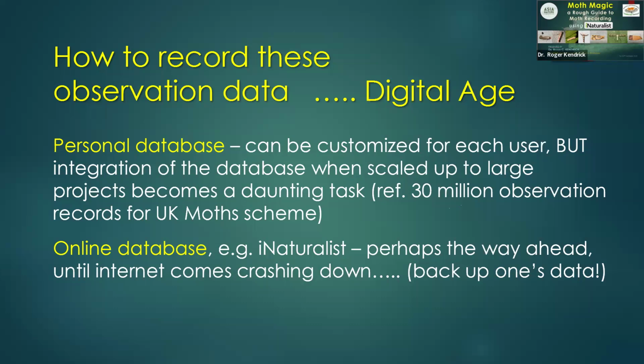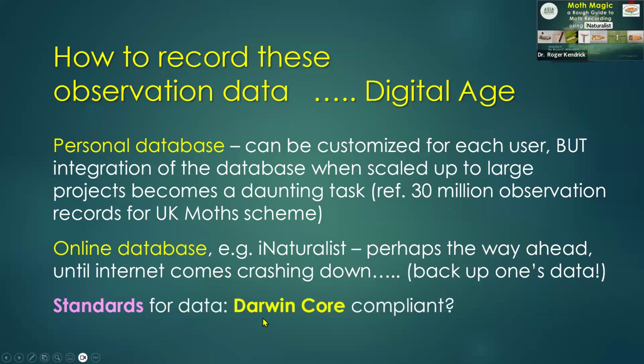Now, I've hinted at how you pull data together, and there is a modus operandi known as standards. And the key one for biological data is Darwin Core. It's not the only standard out there, but most biological data on databases that can be talking to each other uses Darwin Core compliant data.